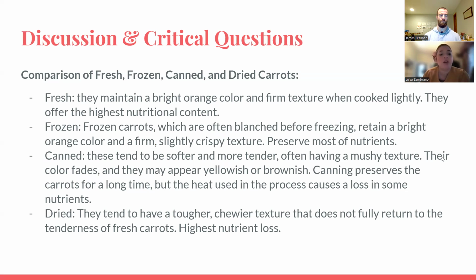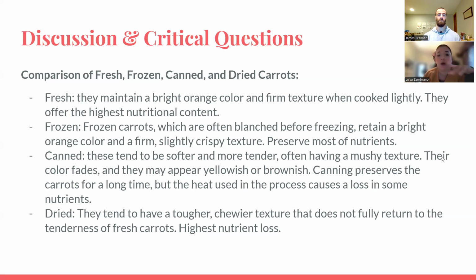For the frozen carrots, they retained most of their nutrients with a vibrant color due to the blanching that frozen carrots require, but the texture is softened a little bit. For the canned carrots, they were duller in color, they had a mushy texture and lower vitamin C content due to the high heat processing.